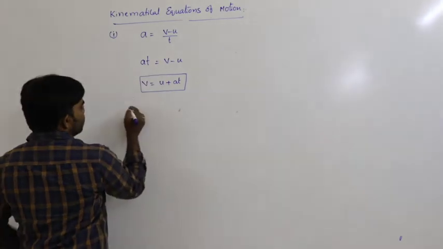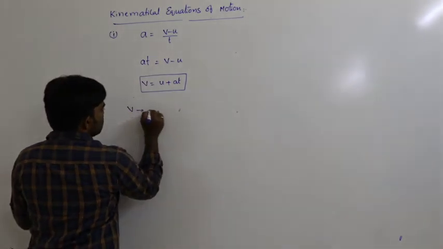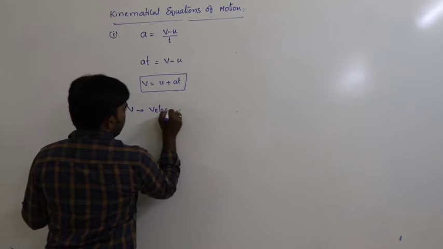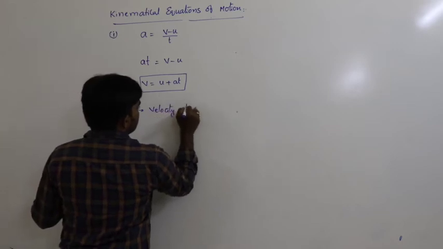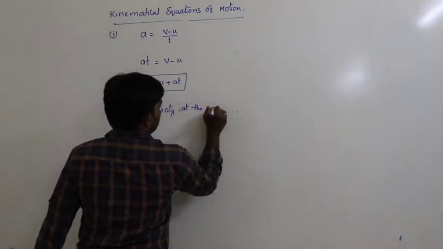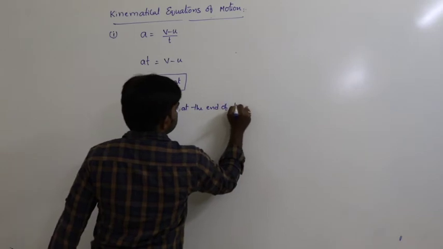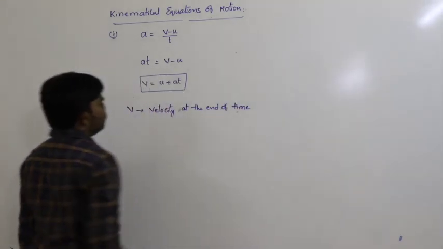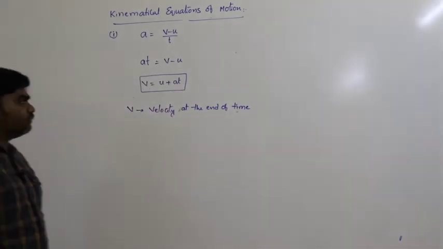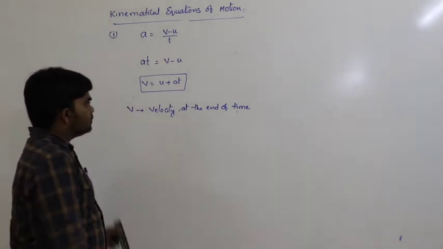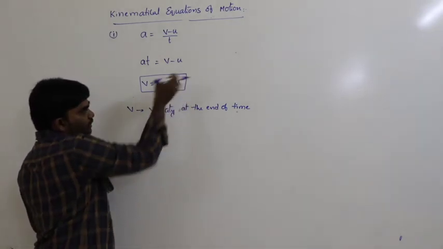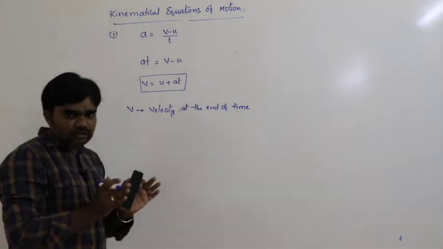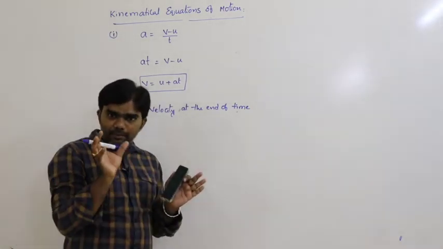Second, V in the sense velocity at the end of the time. So that means T is the time interval. We start the time and we end the time at a particular instant.